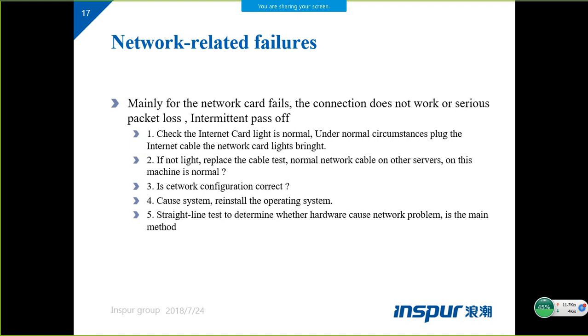And maybe there is some wrong configuration in the server. For example, when you connect to the BMC interface with your laptop, but you can't reach the BMC, maybe you misconfigured the IP address of the BMC.